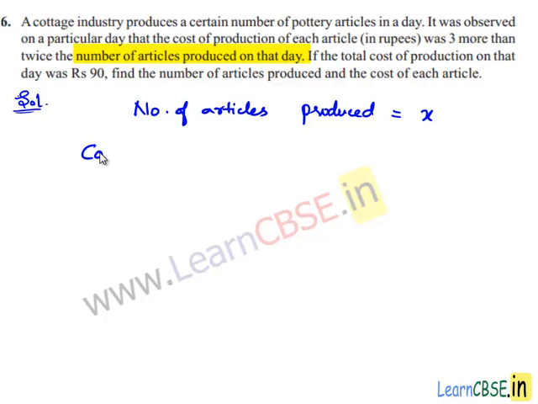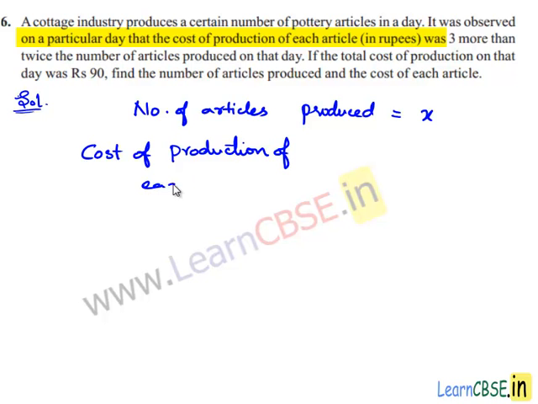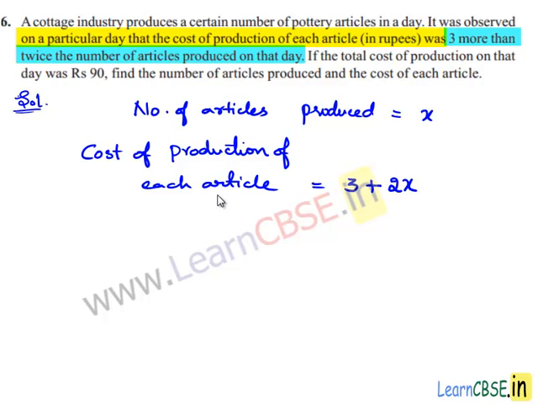So we can write cost of production of each article is equal to 3 more than, that means 3 plus twice the number of articles produced. Twice the number of articles produced is 2x. So cost of production of each article becomes 3 + 2x.